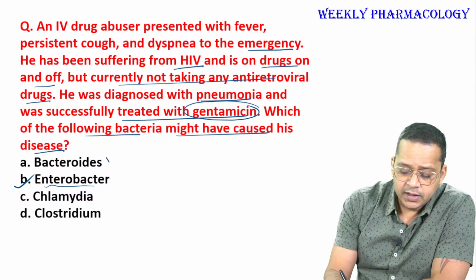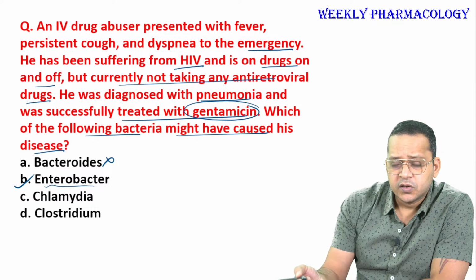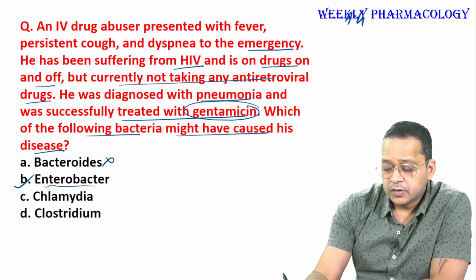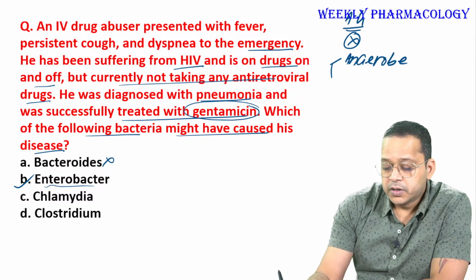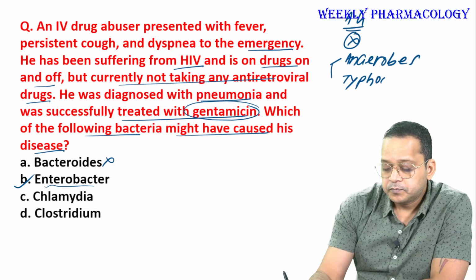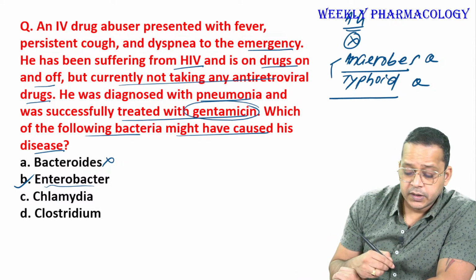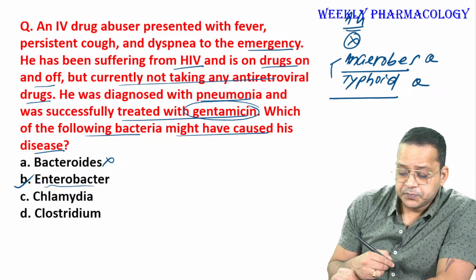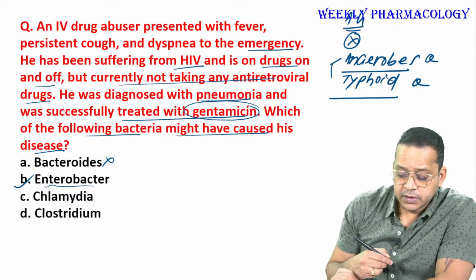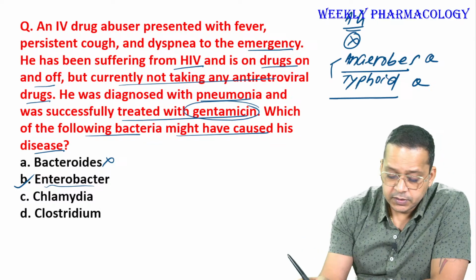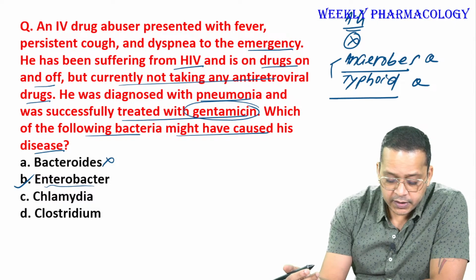Bacteroides, I never use because gentamicin or aminoglycosides are not active against two important things, anaerobes plus typhoid. These are 2 MCQs which are commonly asked. They are not active against anaerobes and typhoid. Chlamydia, they are active, but here the picture is not like this.